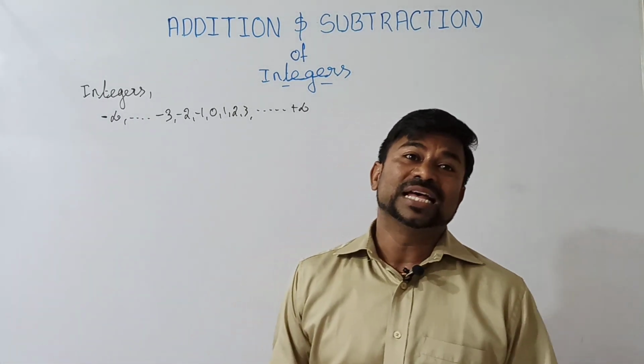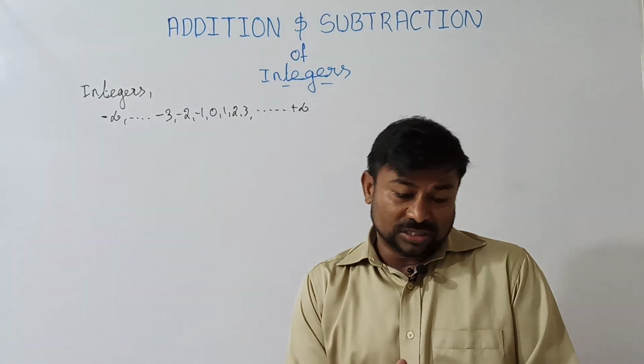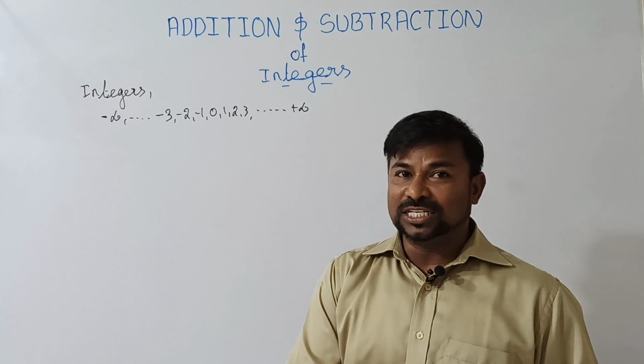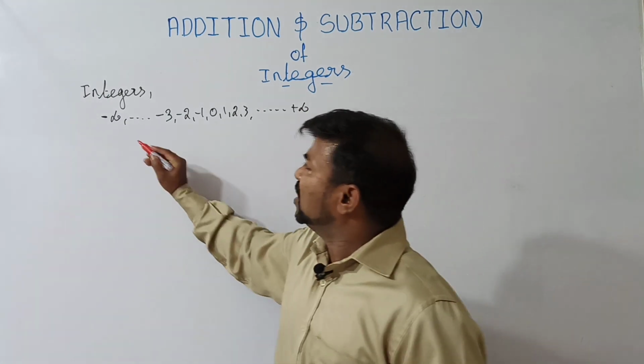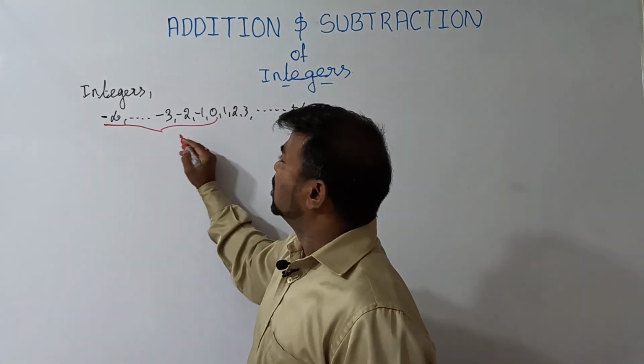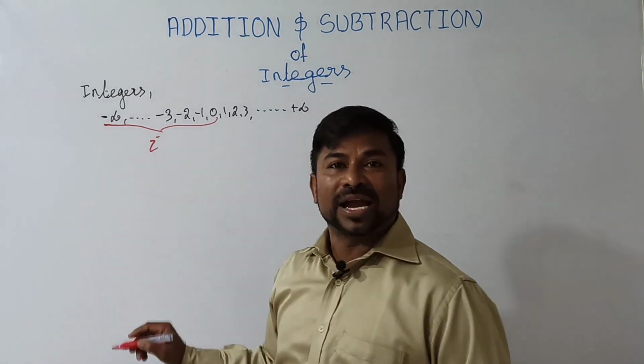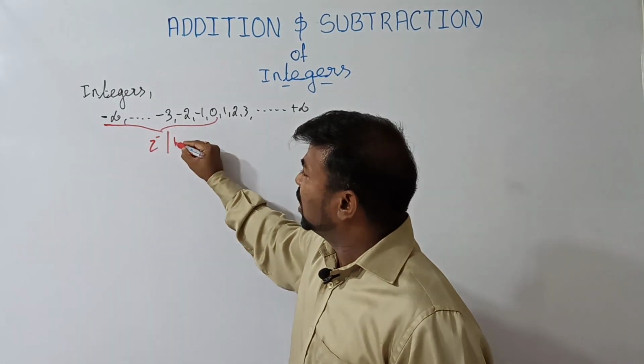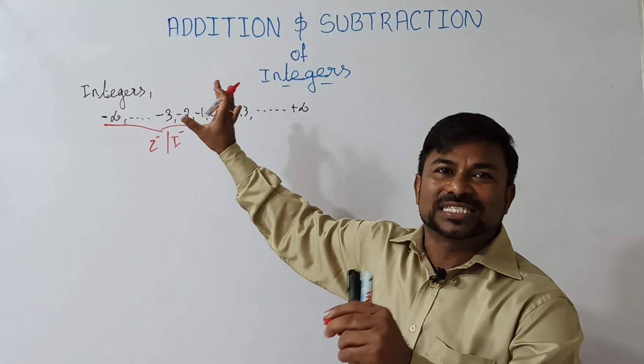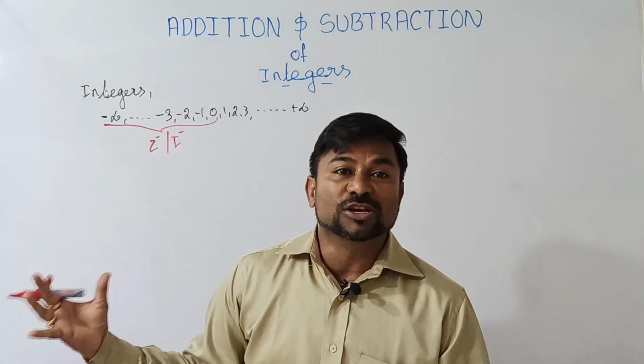Out of these integers, we classify the numbers under Z minus, or I minus, as negative integers.